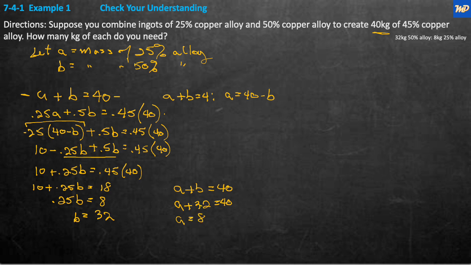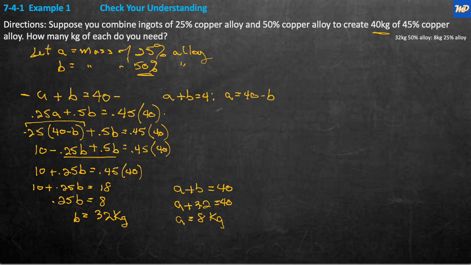So the solution here is we need 32 kilograms of B, and B is the 50% alloy. And we need 8 kilograms of the A, and the A is the 25% alloy ingot.